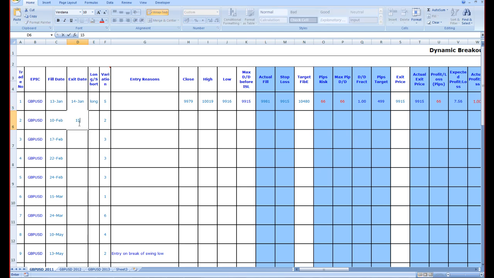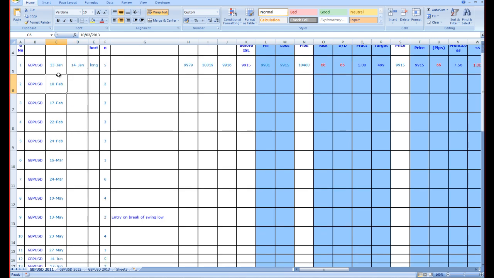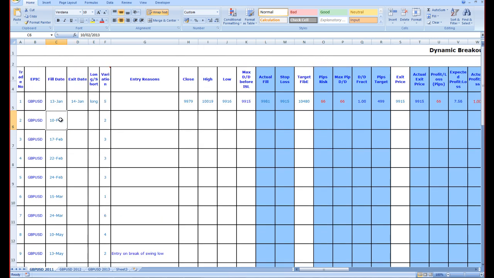Let me see, 15 Feb 2013. Yeah, there you go, the formatting works. It's formatted the whole thing. Even if you delete those dates, the formatting should work. So 10th Feb 2013, if you press enter, it just goes back to the same formatting. So the whole thing works.